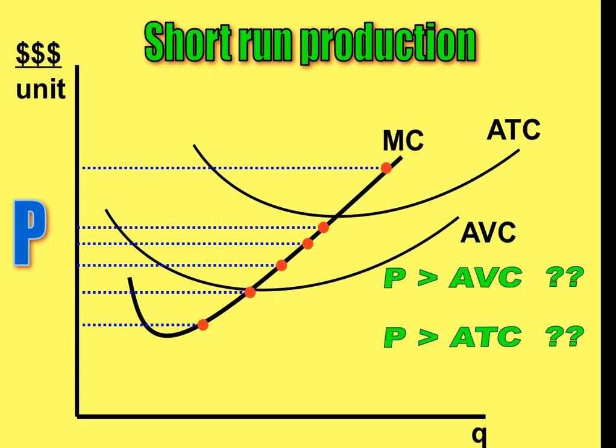As the price rises, set by the market, note that at all of those prices, the quantities that this firm is profit maximizing is increasing. What does that sound an awful lot like? As the price rises, quantity increases. That sounds like the idea and the logic behind the supply curve.